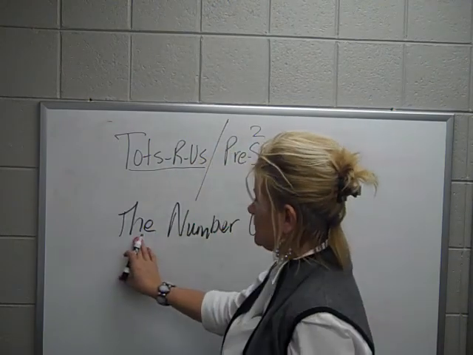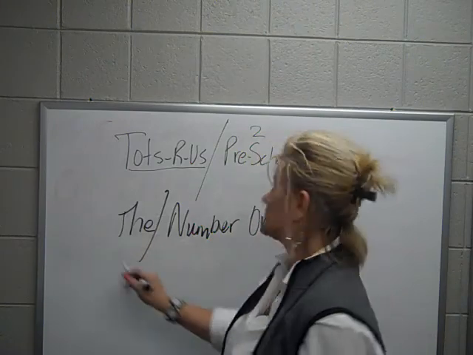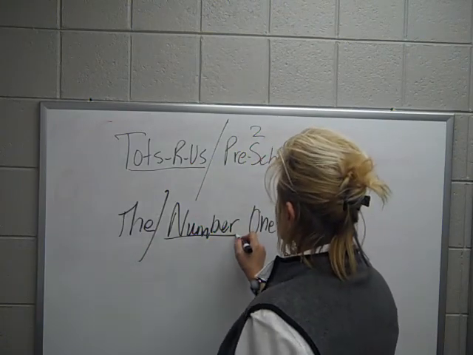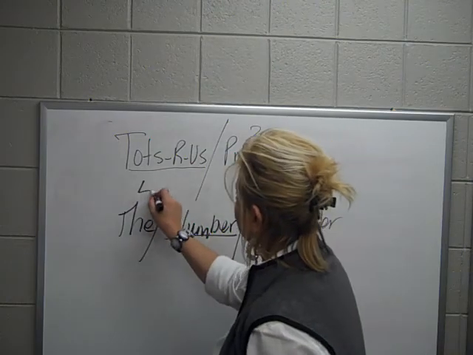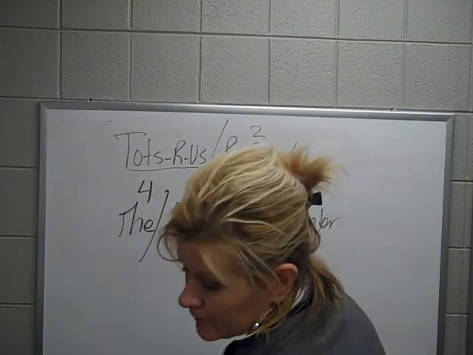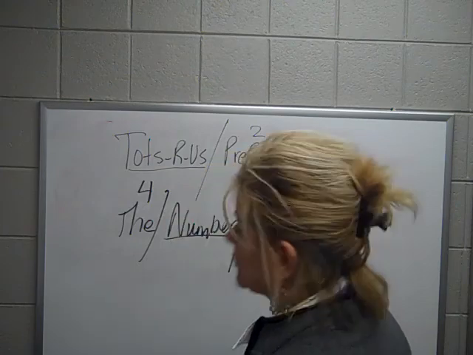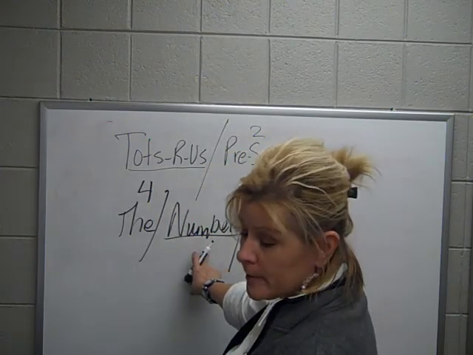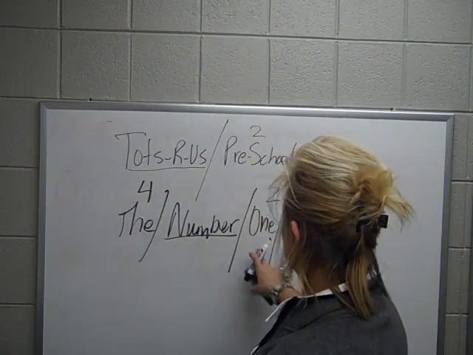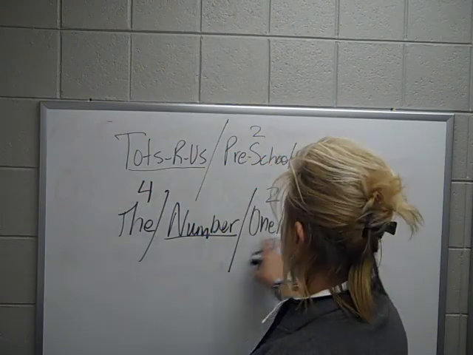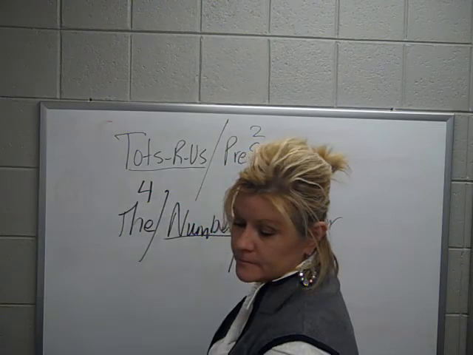And then remember that the is going to always come last. So we're going to file this under the ends. Put your diagonals. 2, 3, 4. So on number 10, your key unit is the word number. Unit 2 is the number 1. Unit 3 is printer. And Unit 4 is the word the.